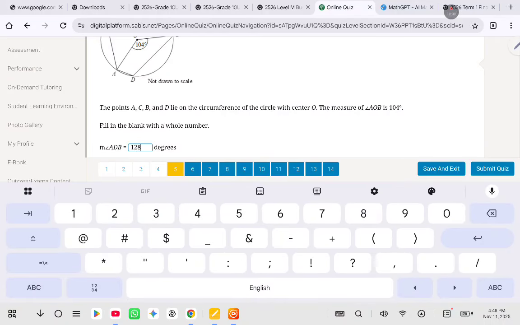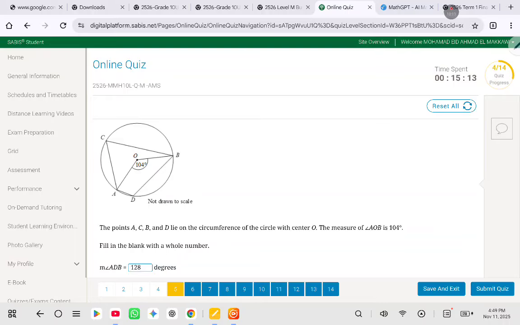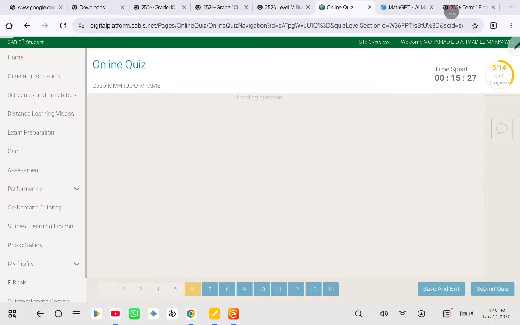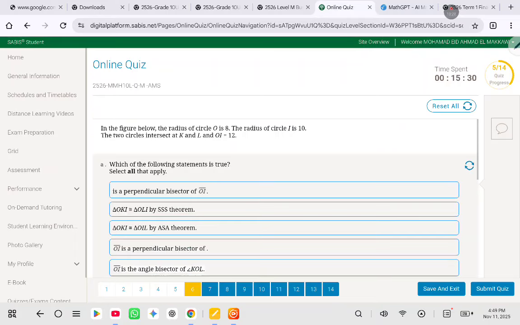So we found that DB is 104 because it's facing the angle AOB, and then we do 360 minus 104, and divide by 2 to get the inscribed angle, which is 128.